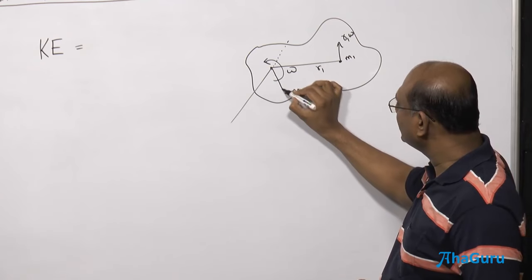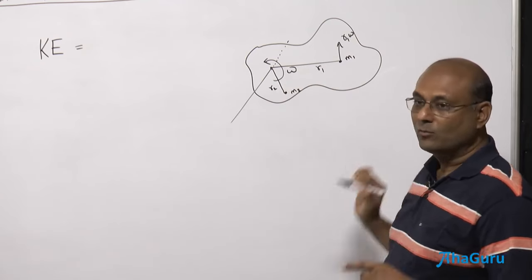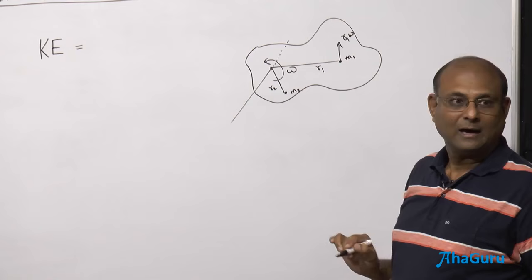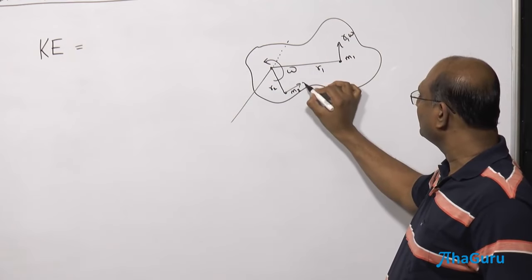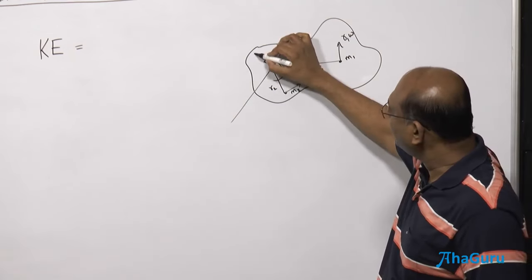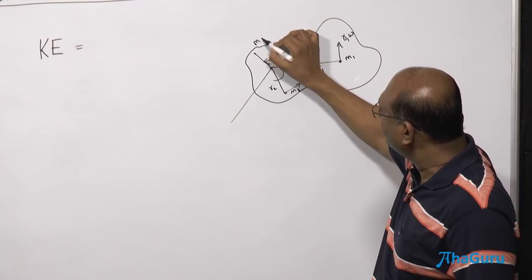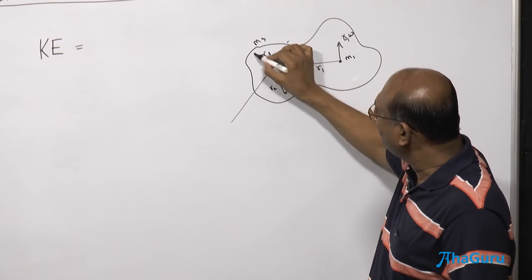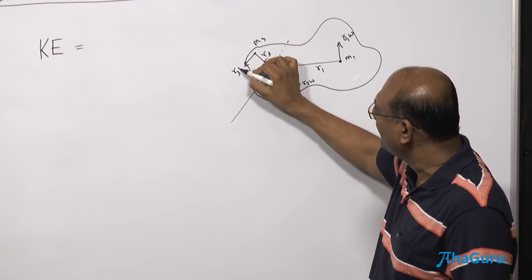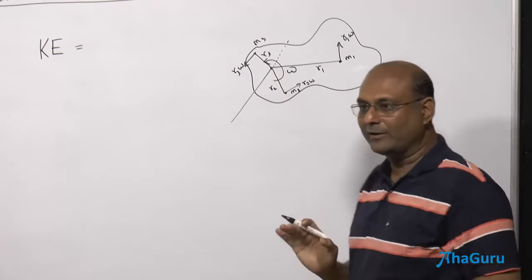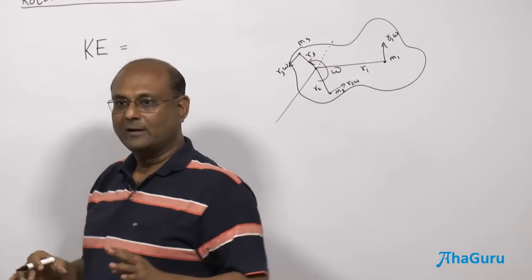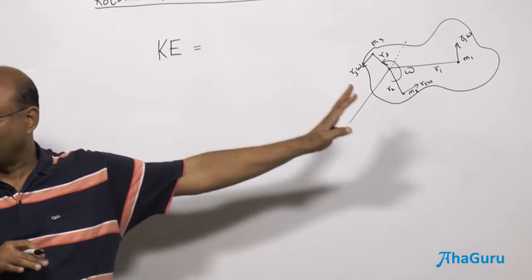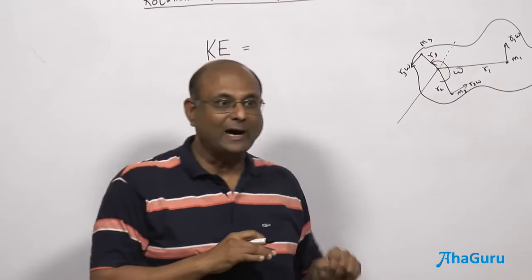Let us say that the distance was r2. What velocity will that have? R2 omega. That is in this direction. This particle is going to have m3 and this is r3. It will have a velocity r3 omega. Now you know that for every such particle you are going to have m1, m2, m3, m4. You will have r1, r2, r3, r4, and each will have a corresponding r omega.